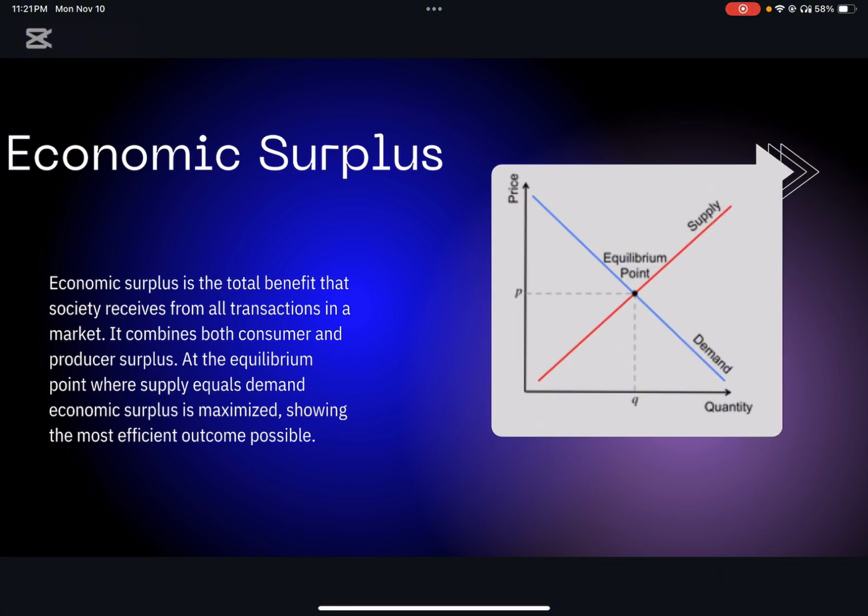Any price higher or lower than that would reduce the total benefit because either some buyers would stop buying or some producers would stop selling. So economic surplus helps us see not just who benefits, but how efficiently the market works as a whole.